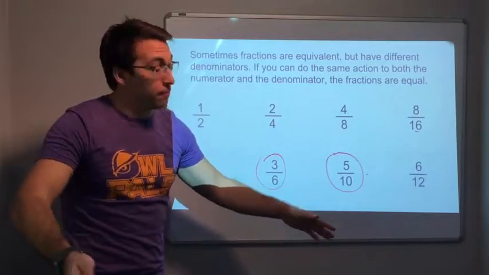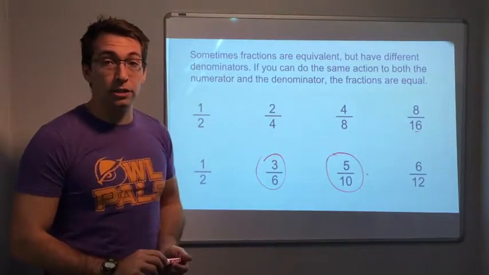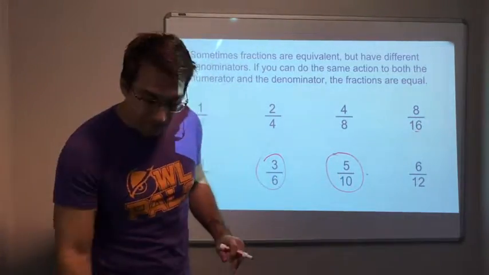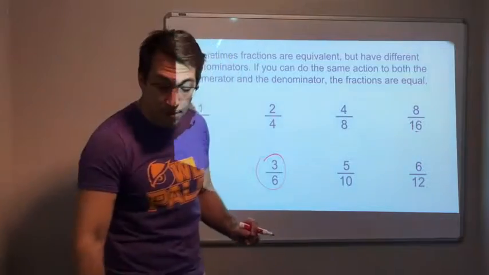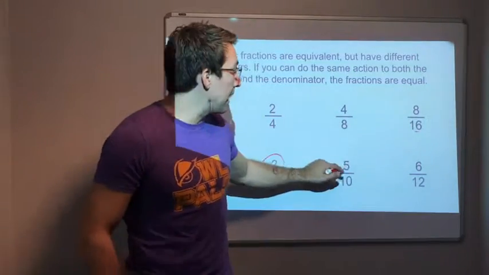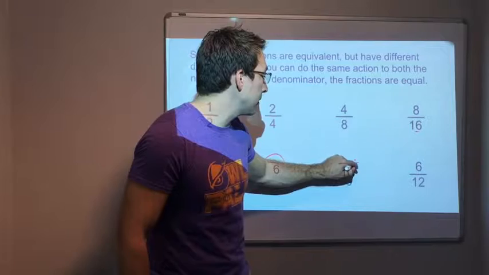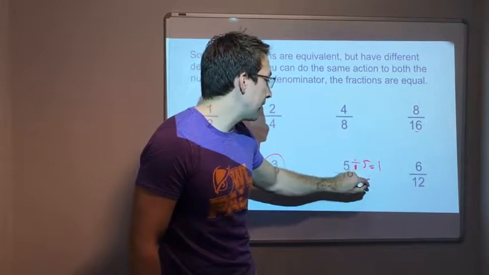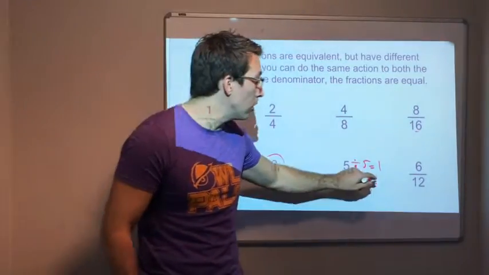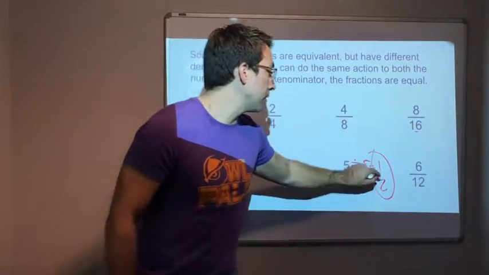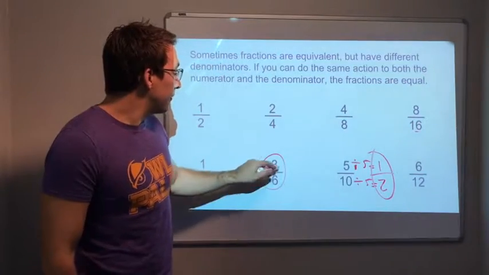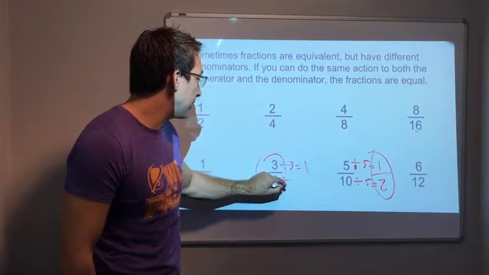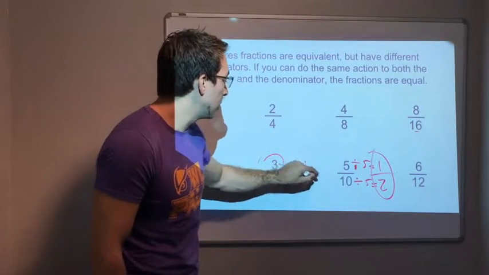So let me ask you this. Can you reduce these fractions? They reduce evenly, right? So 5 and 10 have a common factor of 5. 5 divided by 5 equals 1. 10 divided by 5 equals 2. 1/2, right? 3 divided by 3 equals 1. 6 divided by 3 equals 2.